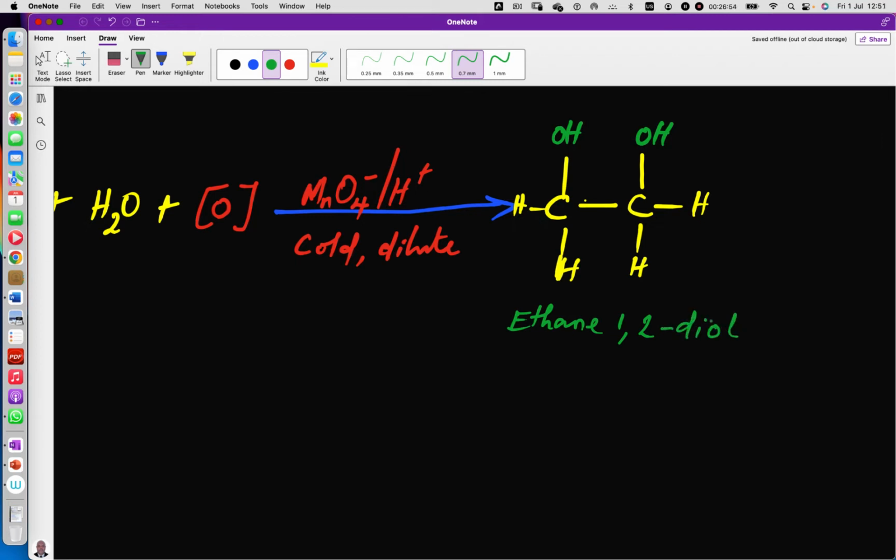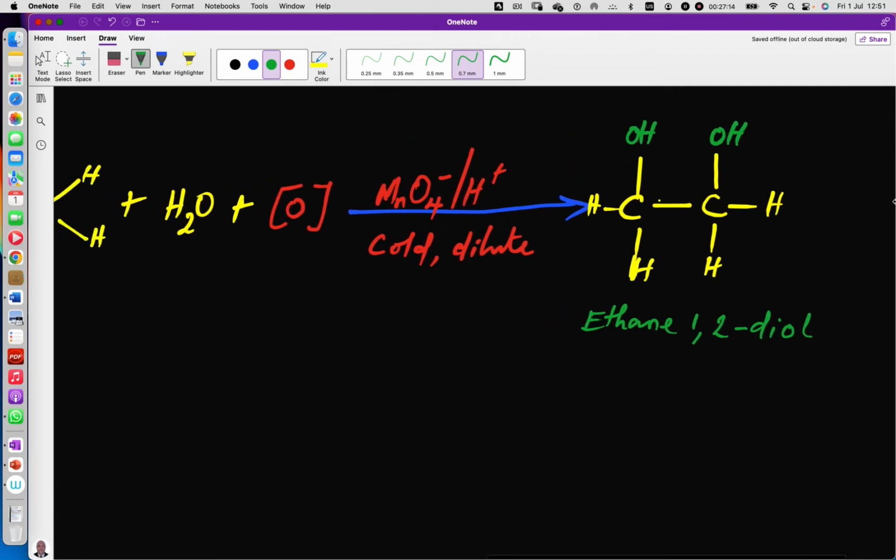It is a diol. This is carbon 1 and carbon 2: ethane-1,2-diol. When there are 2 OH groups, we call it a diol. When there's 1 OH group, we call it an ol. Two OH groups, diol. So ethane-1,2-diol.